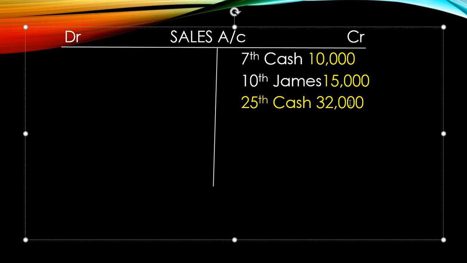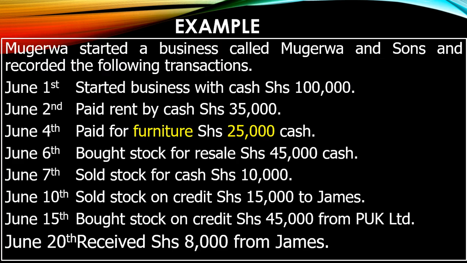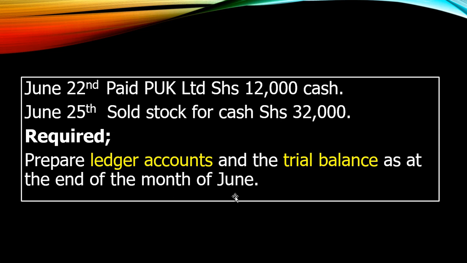So that is worked out. Now what follows? We have followed double entry. All the transactions have been entered into ledger accounts. So we are asked to prepare ledger accounts.